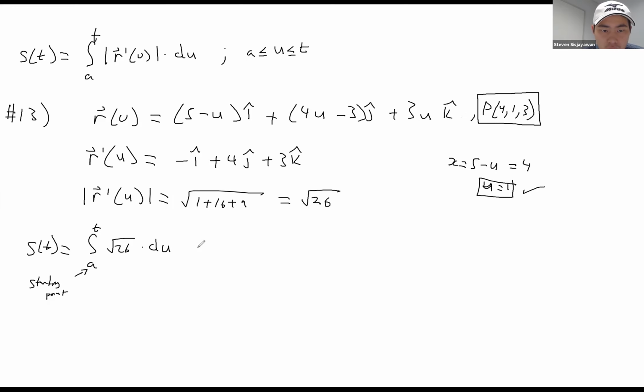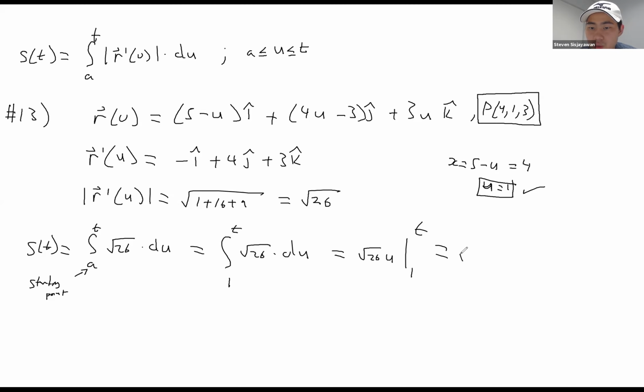So in this case, my lower bound is going to be 1, and it goes up to t of the square root of 26 times du. Integrating this, I get square root of 26 u, evaluated from 1 to t.